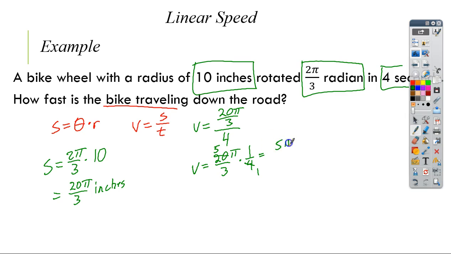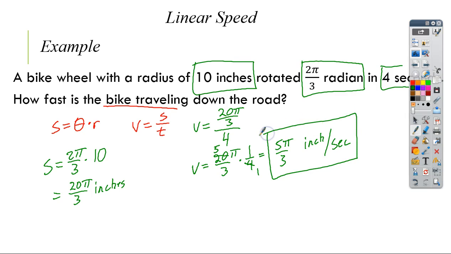So this is 5 pi over 3. That's my answer. But what are my units? Velocity is measured in distance per time. What's my distance measured in? Inches. Per, what's my time? Second. There is my final answer.